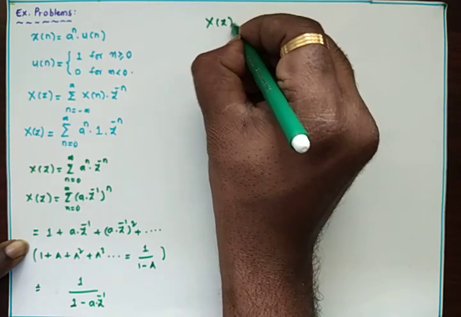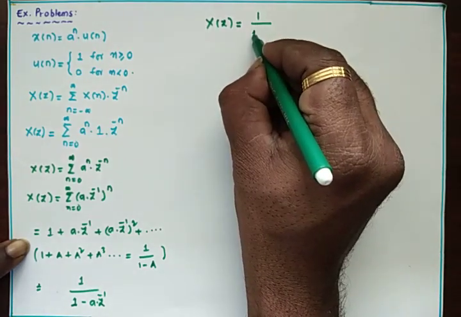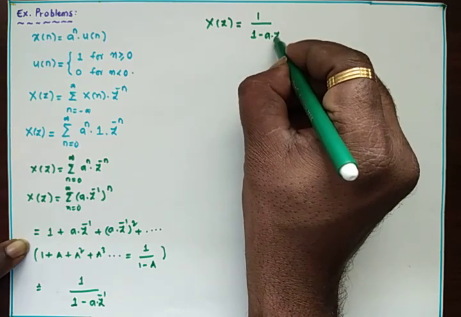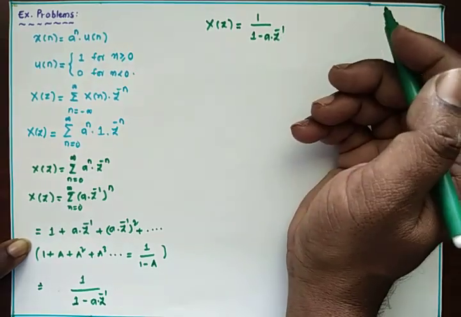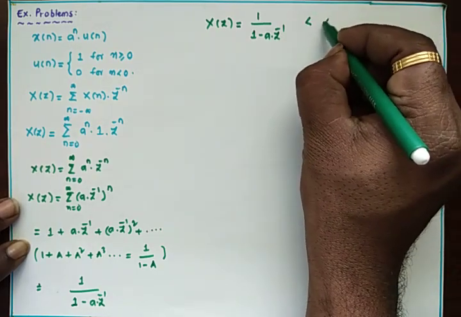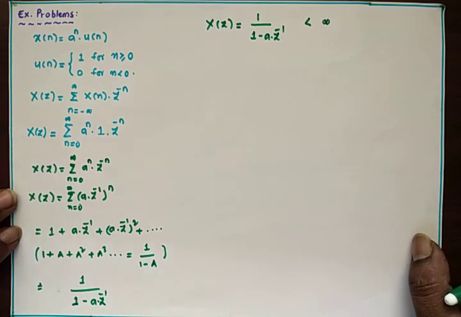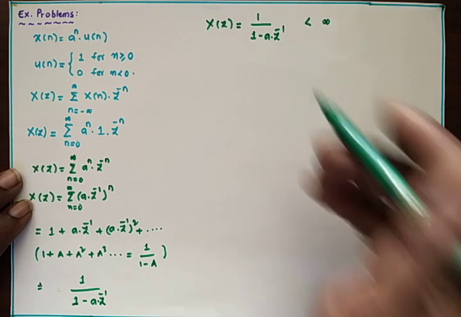X of z is equal to 1 by 1 minus a into z to the power of minus 1. It has to converge, meaning it must be less than infinity only. Then only we can say that the given x of z converges for a range of values of z.